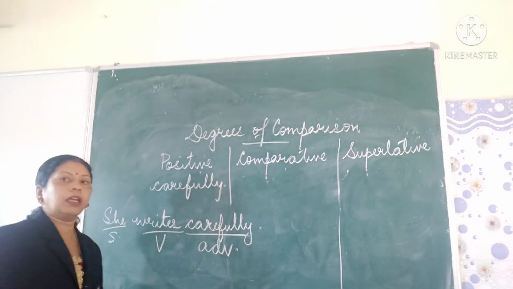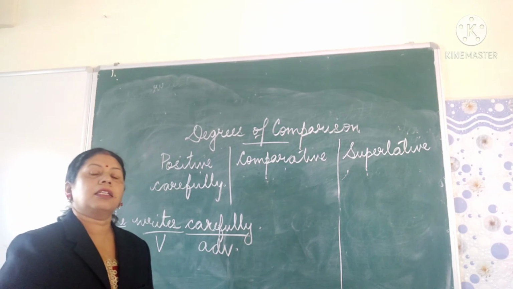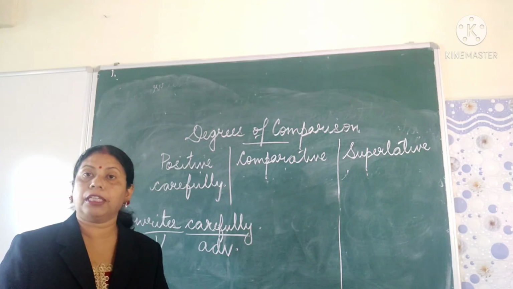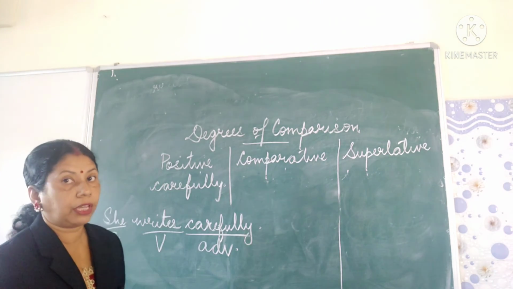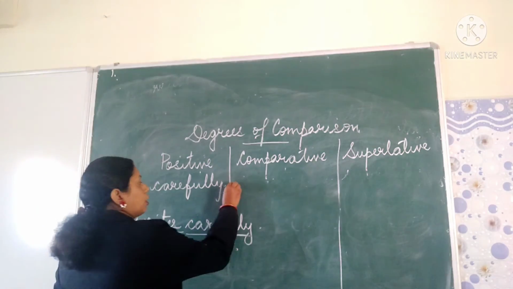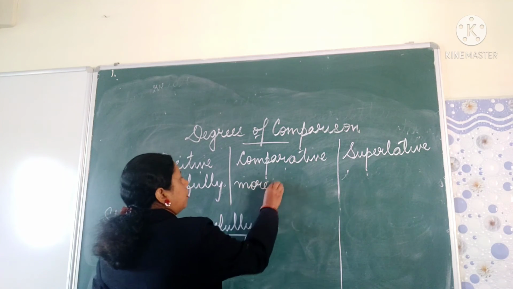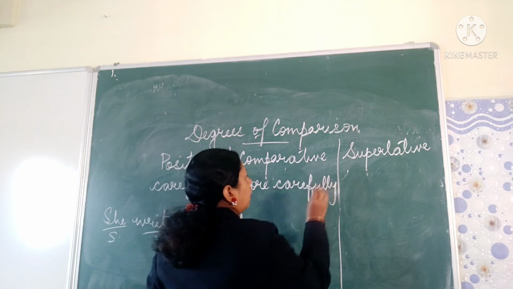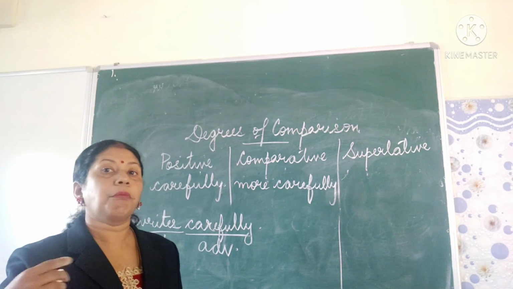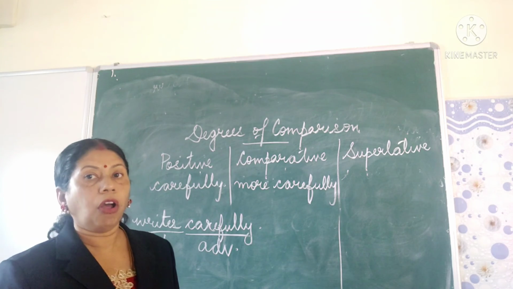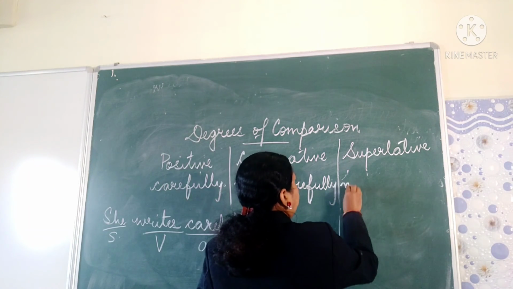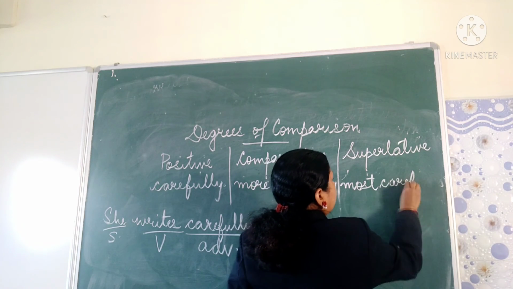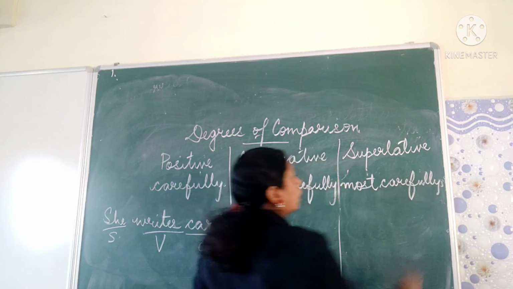Now if the comparison is with another person, she writes more carefully than her sister. With her sister as the comparison, the word becomes more carefully. Among all, the word is most carefully.